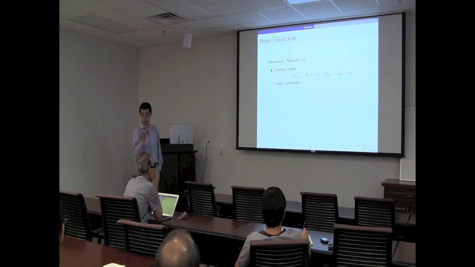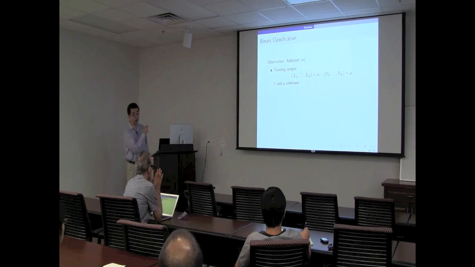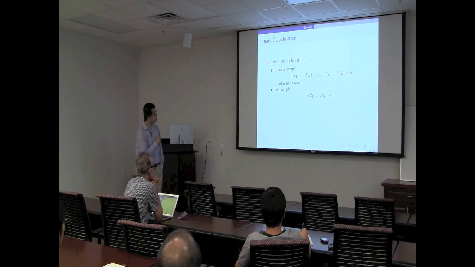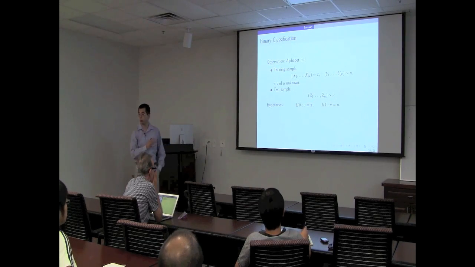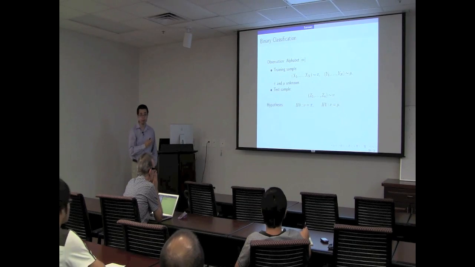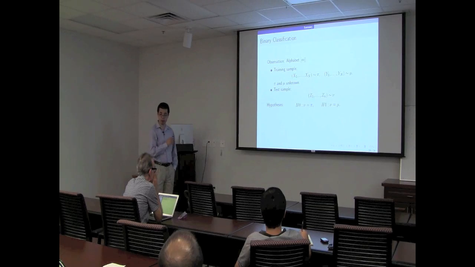And this pi and mu are not known to you. You want to learn them from the training samples. And then you're given a test sample, which has a distribution mu, and your task is to decide whether it's equal to pi or it's equal to mu. Here is the formulation of the problem.